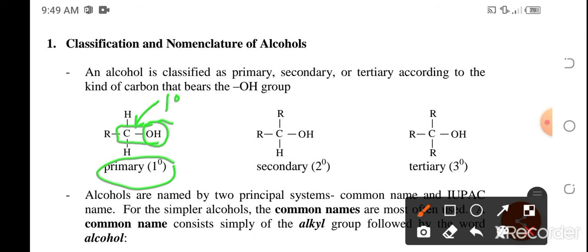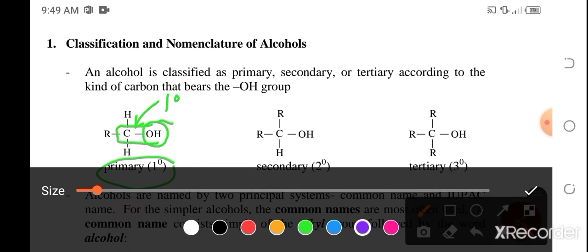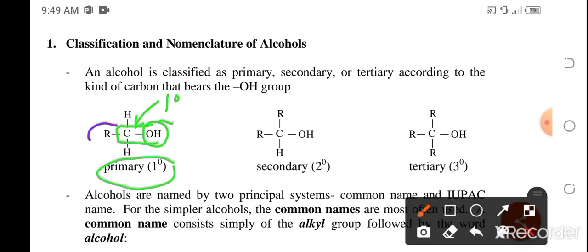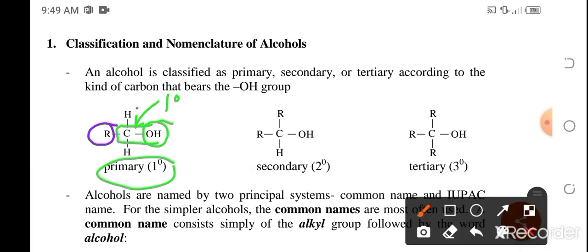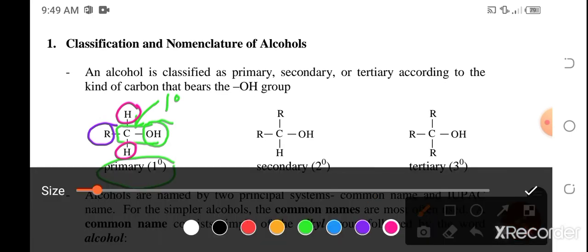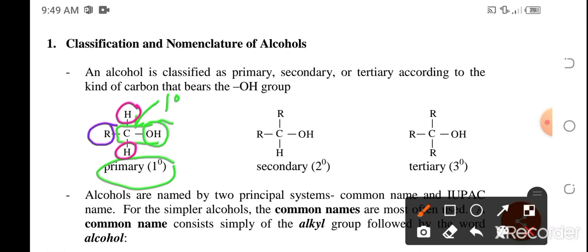Let's recall, for it to be considered a primary carbon atom, it should be attached to only one carbon atom, so its neighboring carbon atom is only one, such that it is bearing two hydrogens.